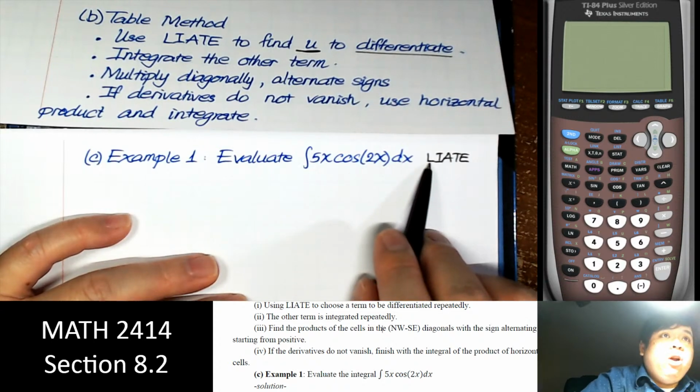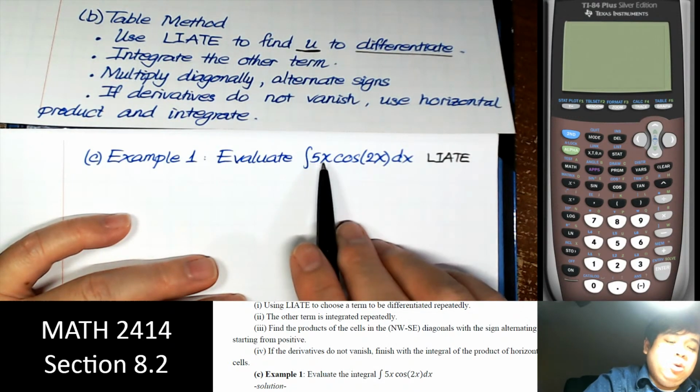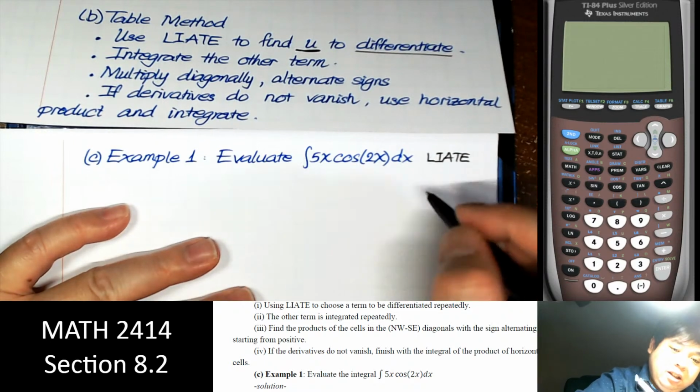So there's no log, there's no inverse trig, and there's algebraic, which is a polynomial 5x.